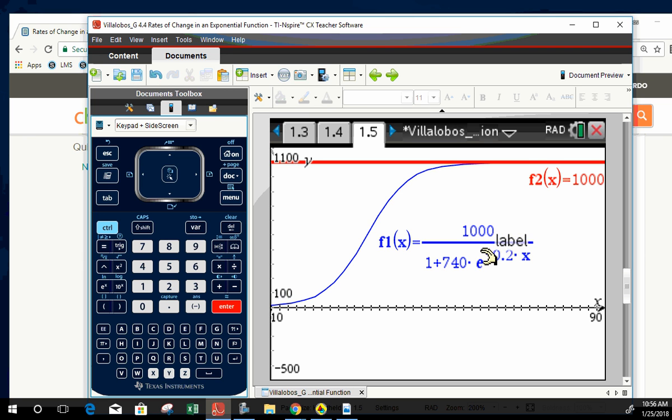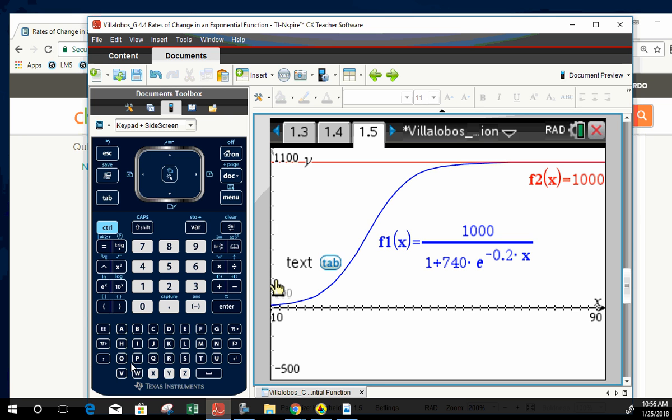This is basically 1 over 2x. So this goes to infinity, this goes to 0, which this goes to 1. As x goes to infinity, this term goes to 0 plus 1, which is 1,000. It gets there, but never quite gets there, because this is exponential. So that's the idea of using this kind of model. And that's why it has the shape it has.